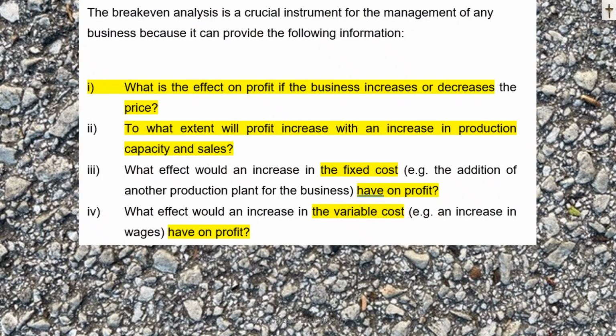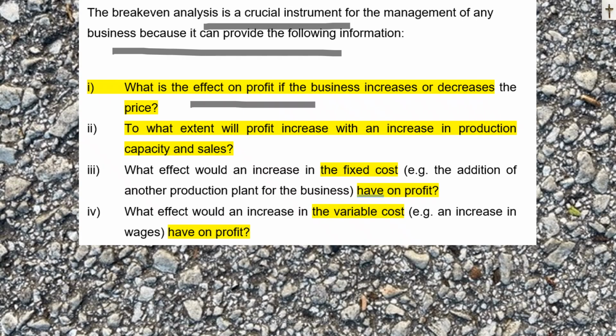Break-even analysis provides crucial information with regard to the business. The following information can be provided. What is the effect on profit if the business increases or decreases the price? To what extent will profit increase when production and sales increase?